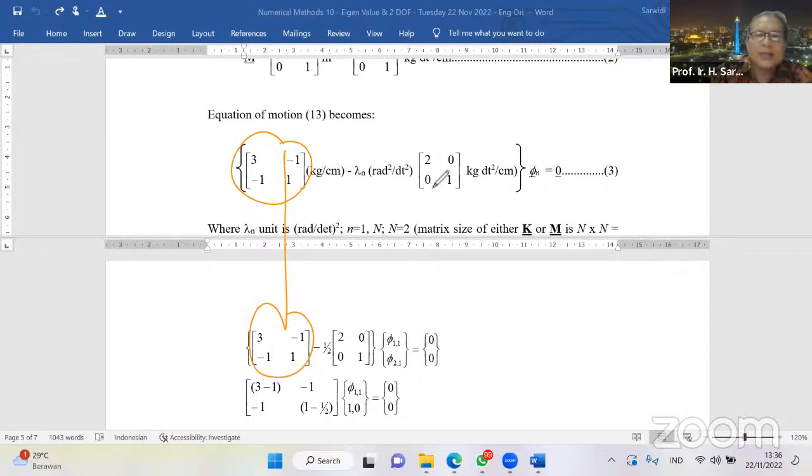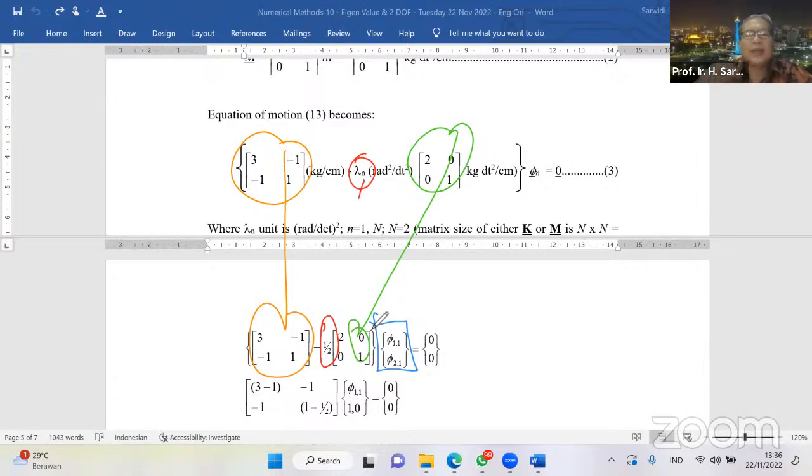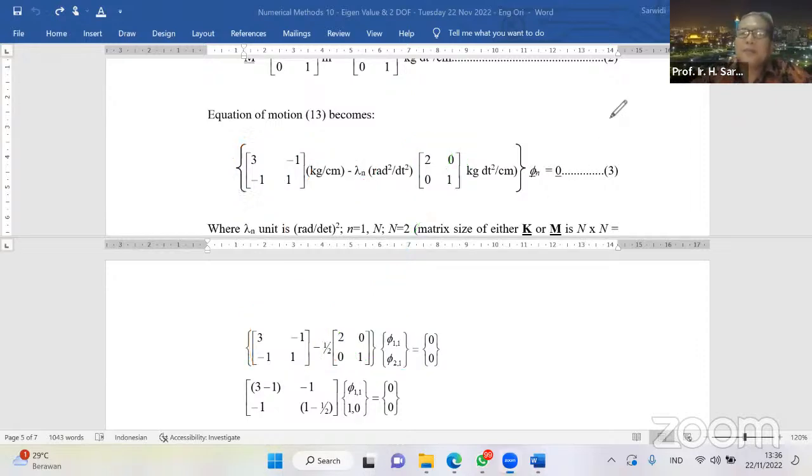And then lambda here is very important. Lambda here, the first eigenvalue, is a half, 0.5. And then the mass, you have this one. So remember that you have to find the eigenvectors here. Okay, I have to clean up.